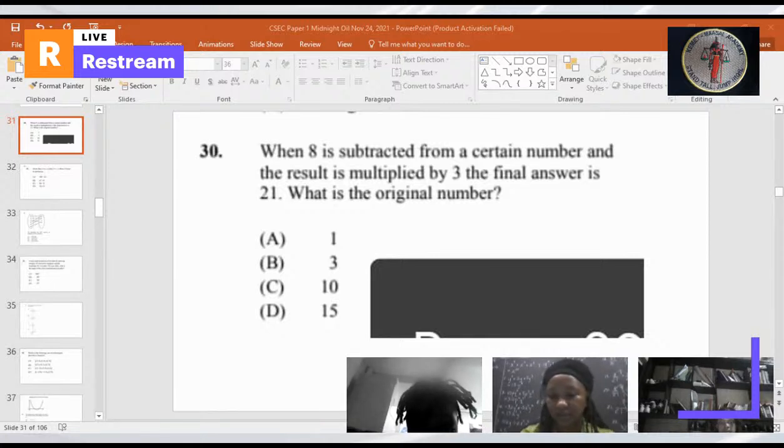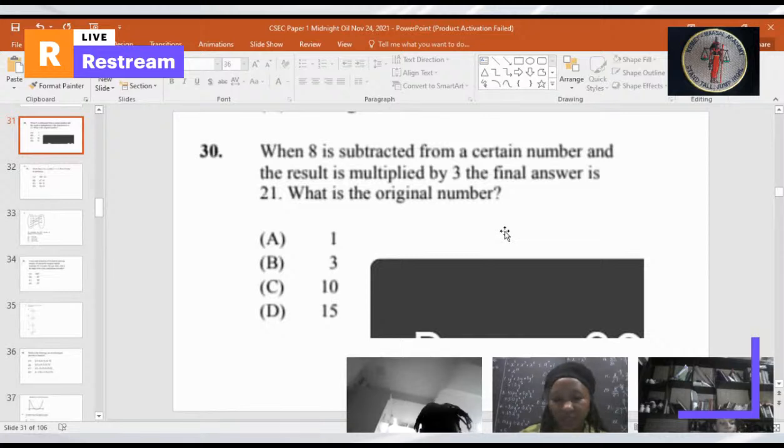Number 30. When 8 is subtracted from a certain number and the result is multiplied by 3, the final answer is 21. What is the original number? So 8 is subtracted from a number, and then it's multiplied by 3. How would we set that out in terms of an equation?